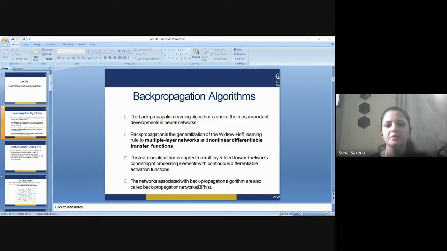This algorithm is probably the most fundamental building block in a neural network. It was introduced in 1966, and almost 20 years later in 1986, it was popularized by researchers like Rumelhart, Hinton, and Williams in a paper called Learning Representations by Backpropagating Errors.